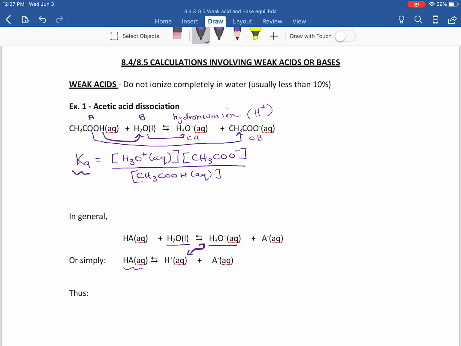So for our purposes, we can look at Ka in one of two ways. We can look at it from the way I wrote it up here, and this is just a general equation. I'm using A as my conjugate base, so that's with the water included, but we don't actually put it in the equation.